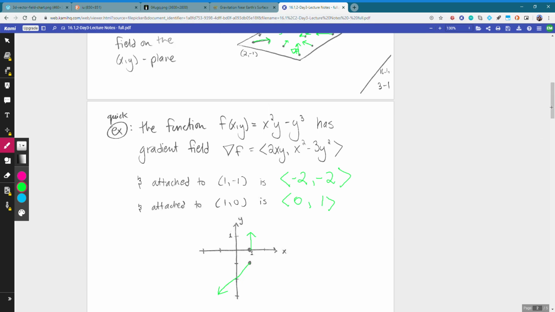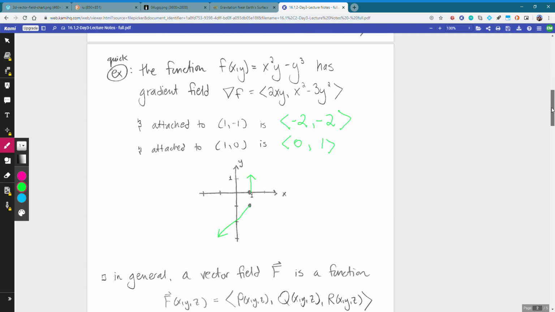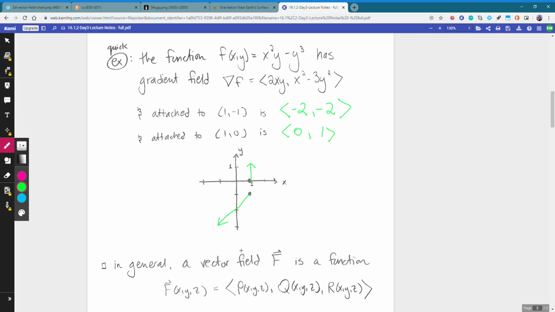So vector fields can come from physically meaningful situations like gravitation or electricity. They can come from gradient fields, but they don't have to. In general, a vector field is just some vector function like this.